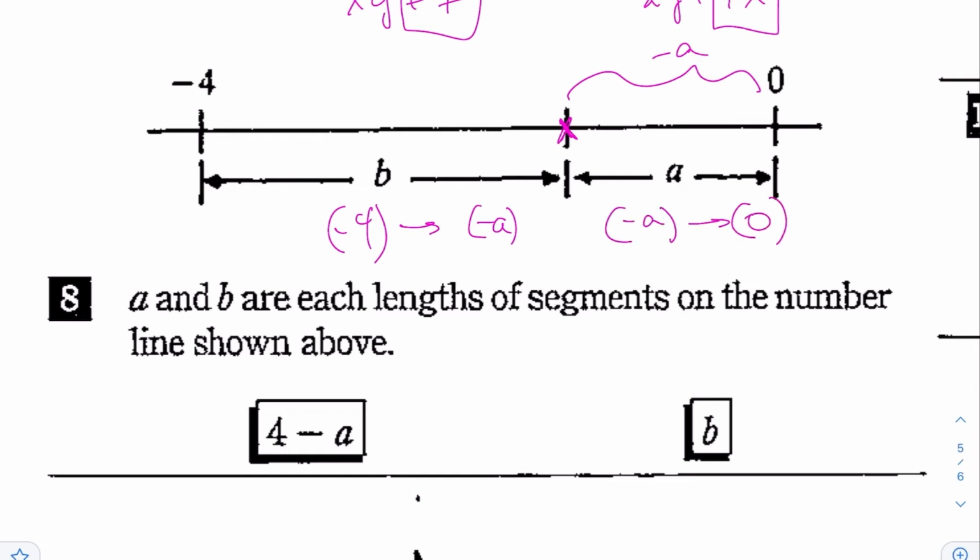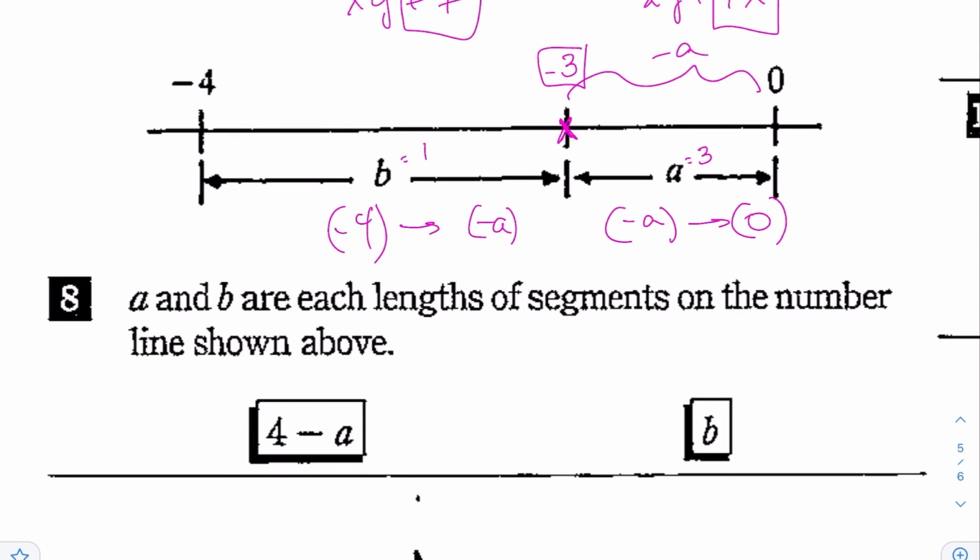So you want to compare 4 minus A to B. So here, to help you guys out, you can assume a number for A. If A is equal to, let's say, 3, this will be negative 3 on the number line, and the distance from negative 4 to negative 3 will be 1.